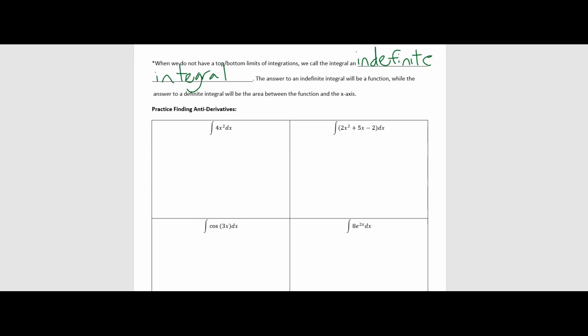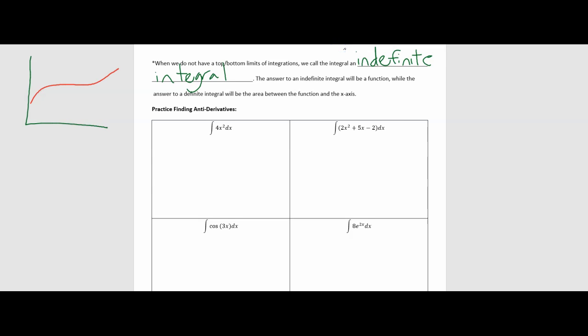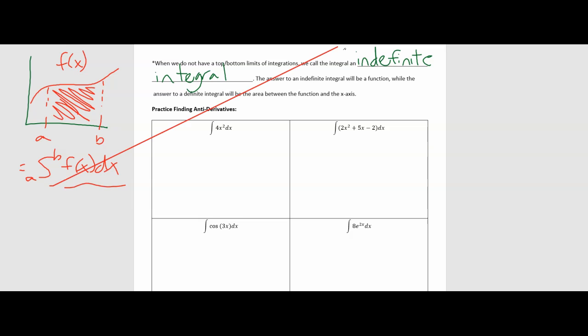let me do a definite integral first. If I want to find the area from a to b of this function f of x, then the answer to that would be equal to the definite integral from a to b of f of x dx.